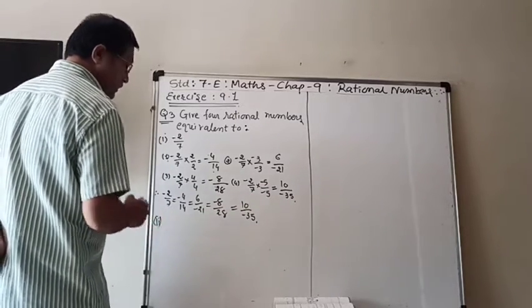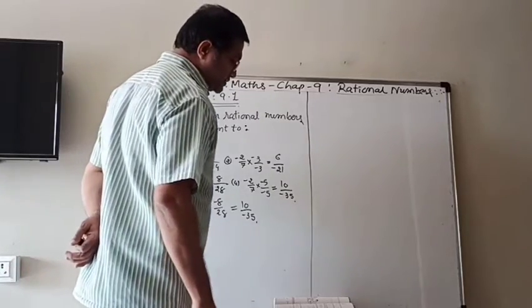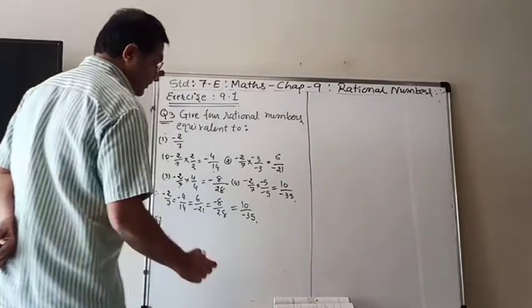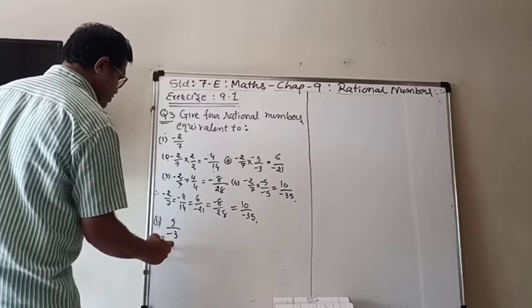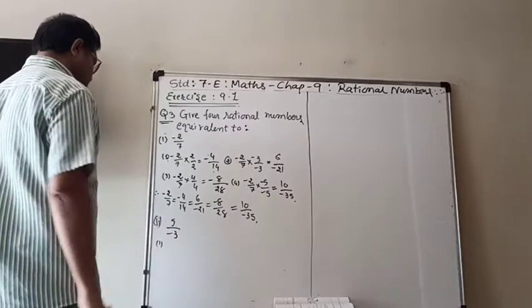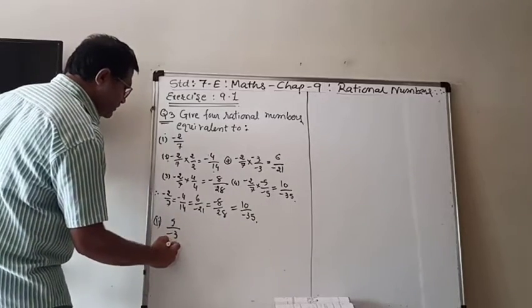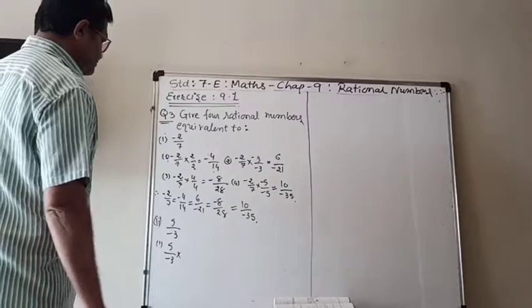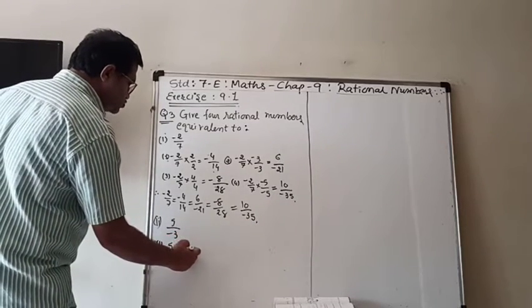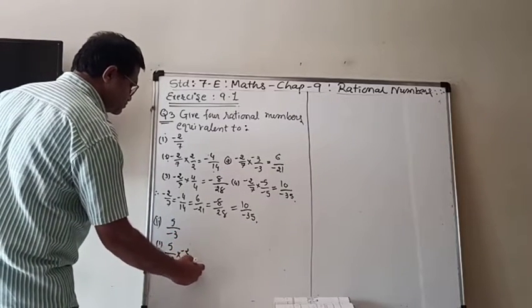Second one. The second rational number given is 5 upon minus 3. So now, first one, you can multiply 5 upon minus 3 by, say, minus 2 upon minus 2.